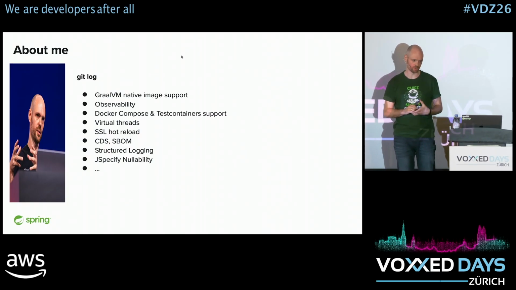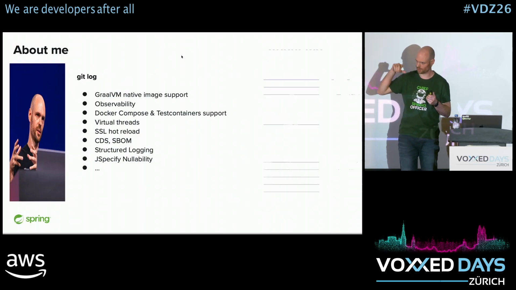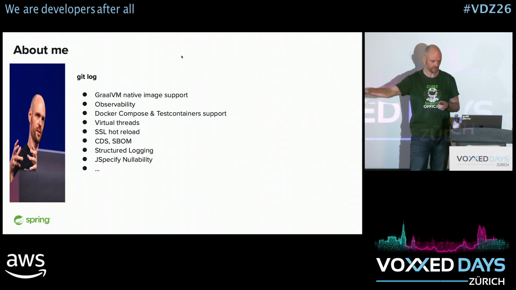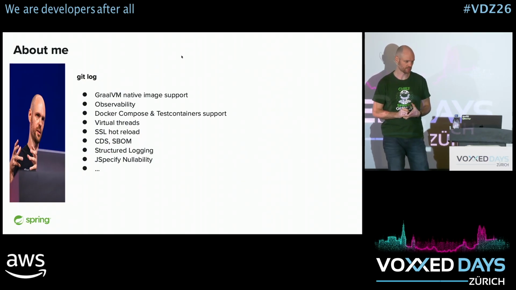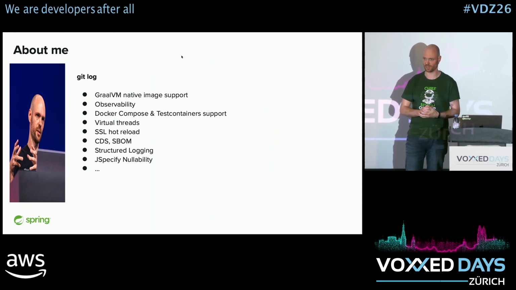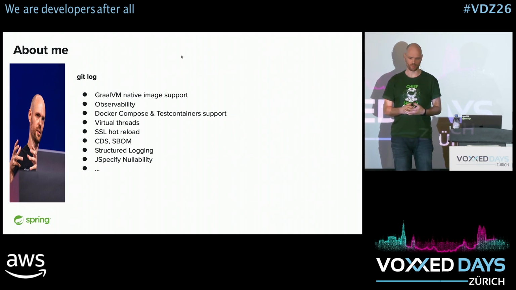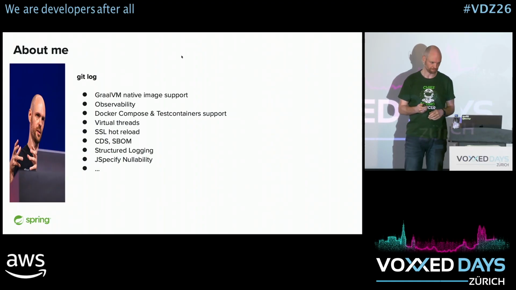We worked on virtual threads, SSL hot reload, CDS, which is the predecessor of AOT cache, which we're going to talk about later. Also SBOM, so the software security side of things, structured logging, and in the Spring Boot 4 release, I worked primarily on the JSpecify nullability stuff. But I'm also doing a lot of performance work, and this is what this talk is about.